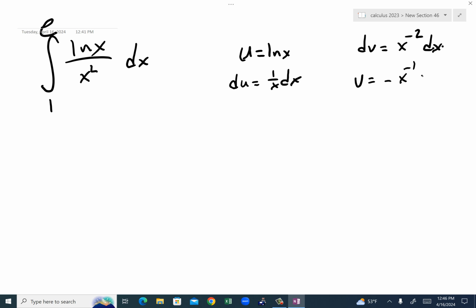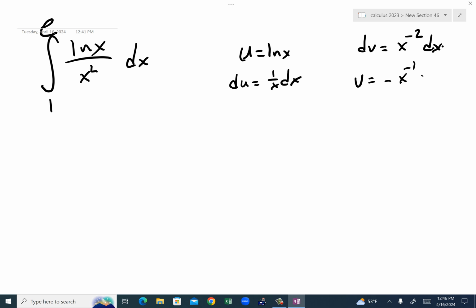Negative ln of x over x minus 1 over x plus c. X to the negative first. Yes. So you have the exact same thing. Now we got it solved.